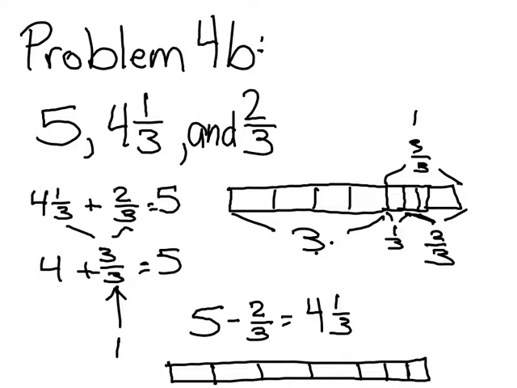This is now thirds. I'm going to take 2 of these thirds away. So I'll take 2 thirds away. And what do I end up with? I end up with a total of 1, 2, 3, 4, and this is 1/3 right here left over. So my answer is 4 1/3 as I diagrammed it out.